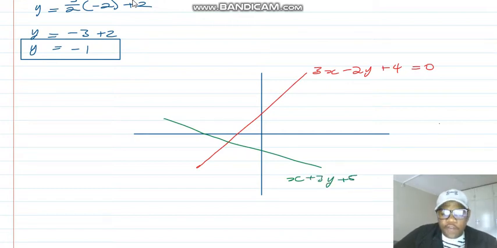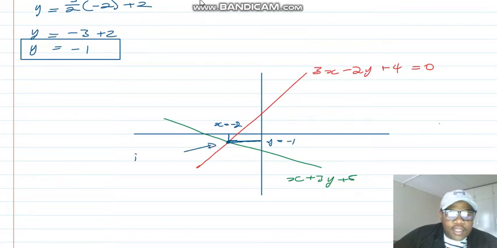So you have these two functions, and basically what you've solved for now is where they touch, right? So your x was minus 2, and your y was minus 1. So basically you found where these functions intersect. That's what solving simultaneously basically means, right?